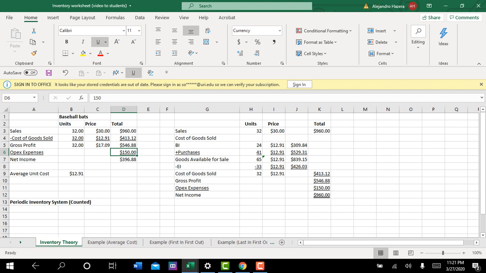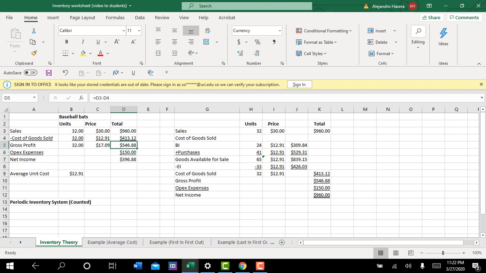This could be rent, salaries, depreciation. It includes even non-cash expenses like depreciation, equipment maintenance, building maintenance, all these things. All these things are subtracted basically as flat expenses after the gross profit, and that'll give you your net income.